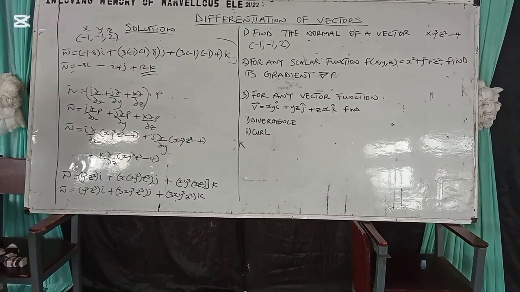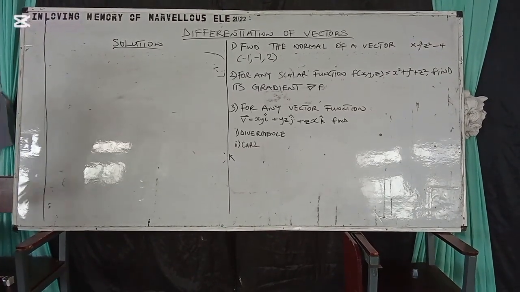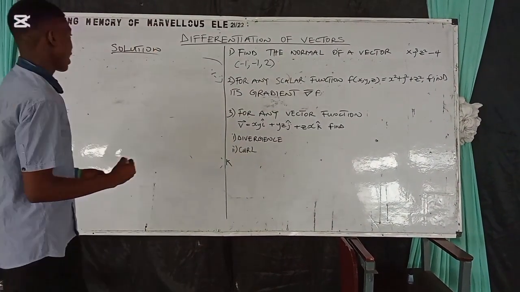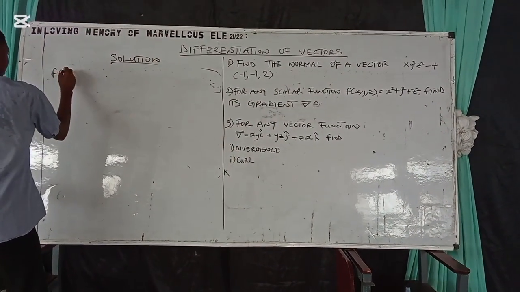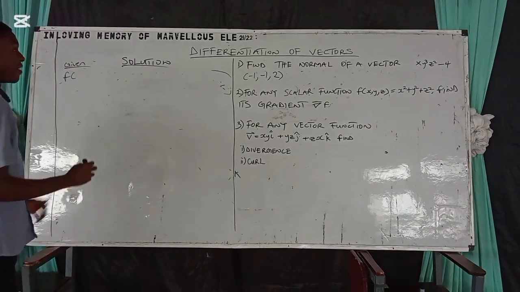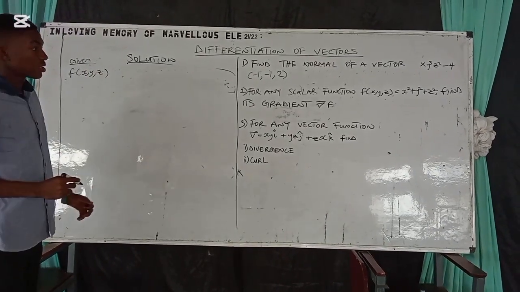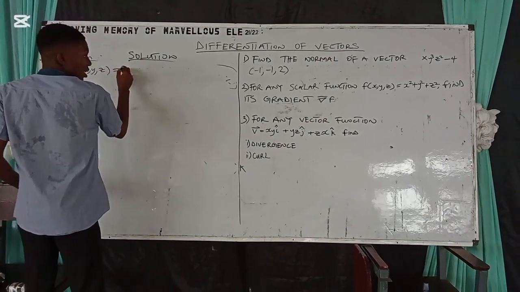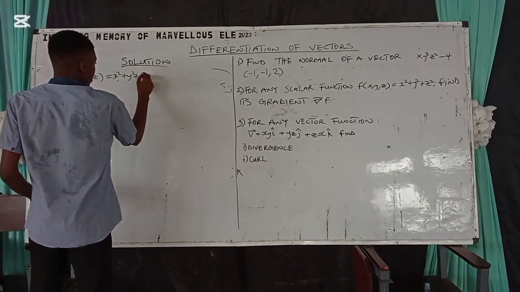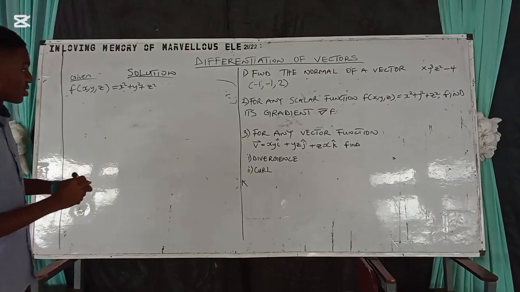Now let's go back to the second question. The second question says, for any scalar function f of x, y, z equals x squared plus y squared plus z squared, find the gradient.